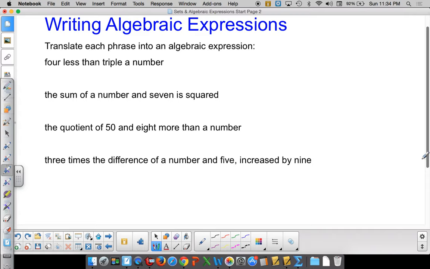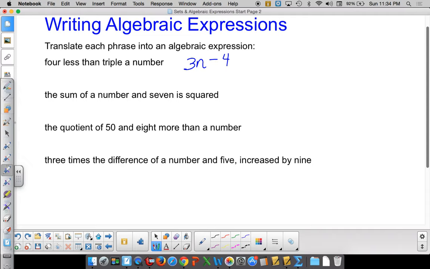In this case, I'm going to use n for my number. So if I triple my number, I have 3n. The question is, am I doing 4 minus 3n or 3n minus 4? Well, 4 is less than the triple number. So the triple number's there, and you are going less than that by 4. So it would be 3n minus 4.